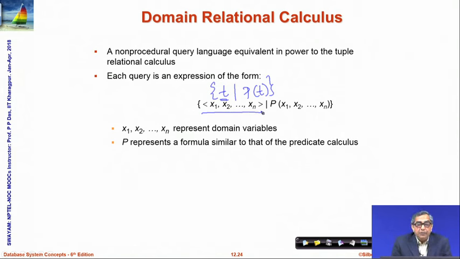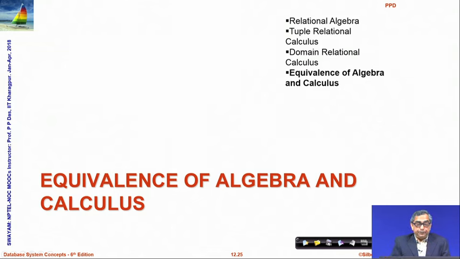So, we write the values of the different components of T over the different n attributes and write it as an n-tuple. And so, here instead of having one variable T, we have n variables x1 to xn, and therefore, the predicate is formed of these n variables, where x1 to xn represent the different domain values, domain variables, and that leads to the name domain relational calculus.